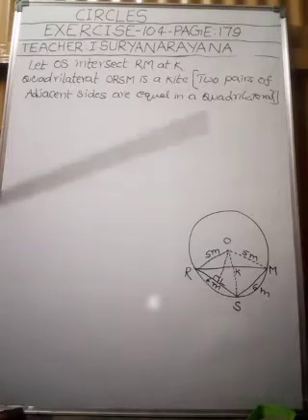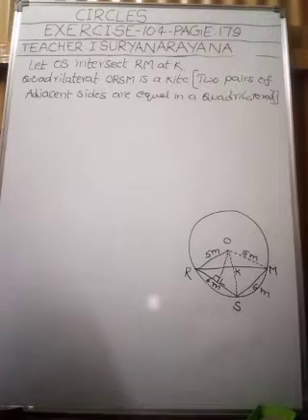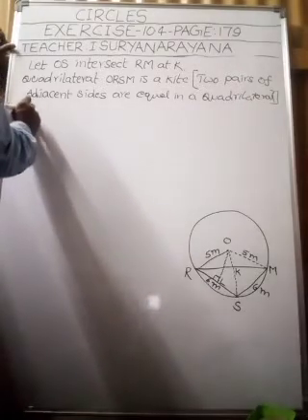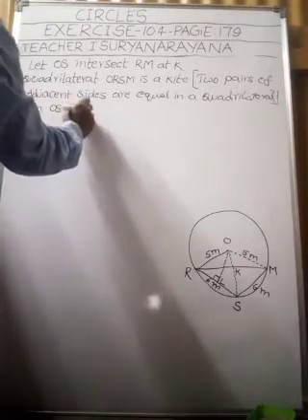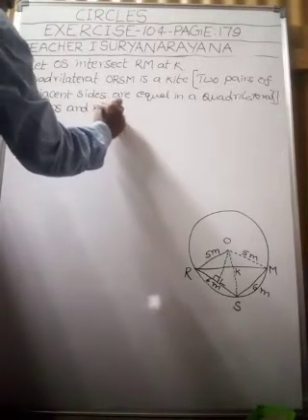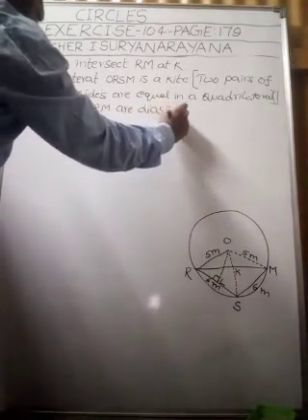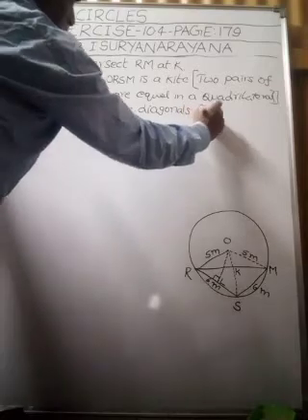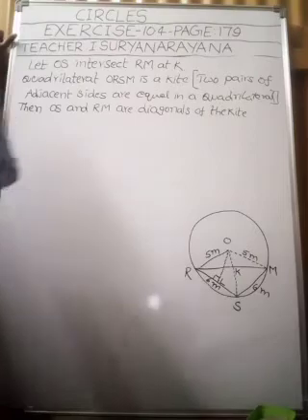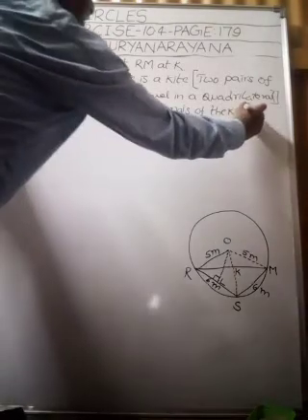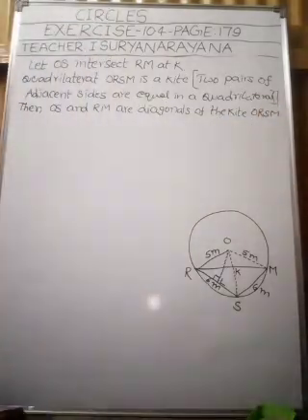Then OS and RM are diagonals of the kite. Yes or no, my children? OS and RM are diagonals of the kite ORSM.